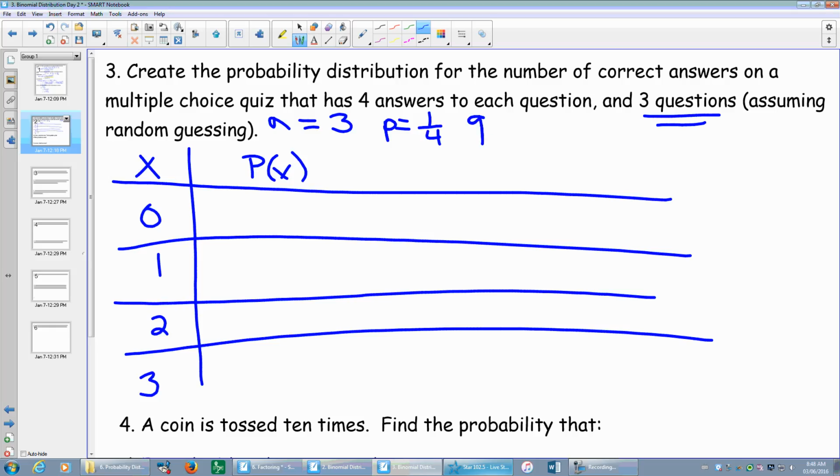And my q is? Very good. So now if I'm saying the number of successes is 0, what will I write? I use the same formula that I've used yesterday and today.